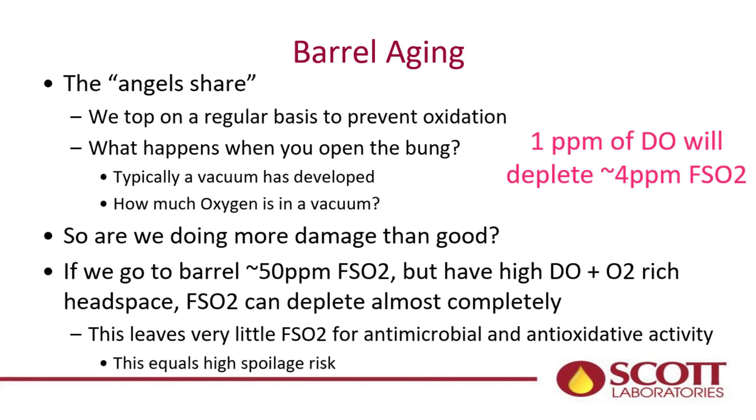I would recommend sparging with nitrogen and getting the dissolved oxygen down to a low level, and then gassing your barrels with some sort of an inert gas prior to filling. And this will help with your pickup and thereby increase the persistence of your free SO2.